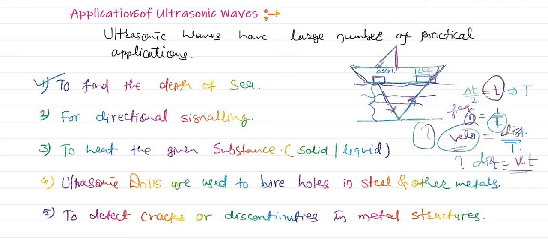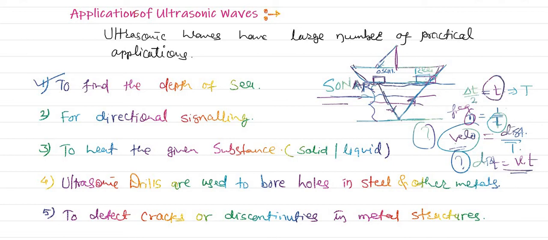This is how we can find the depth of the sea by using ultrasonic waves. This system is called the sonar system, sound navigation, and it is a reflection method.